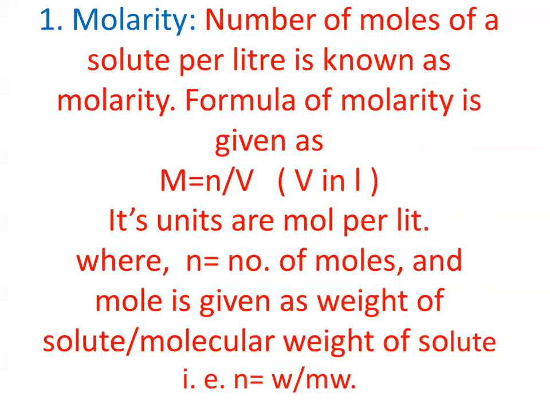If it is 1 mole per liter, it is 1 M. If it is half mole per liter, then it will be 0.5 or half M. And if it is 1 by 10th, that means 0.1 moles are present in solution, then it is called decimolar solution. 1 molar, decimolar, like that.